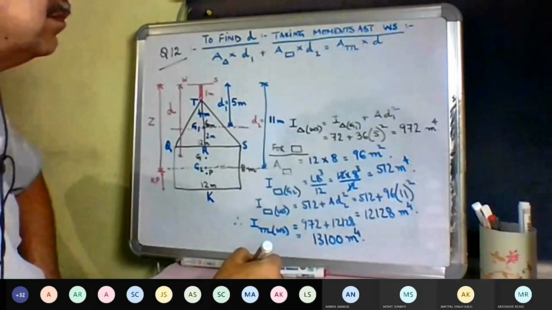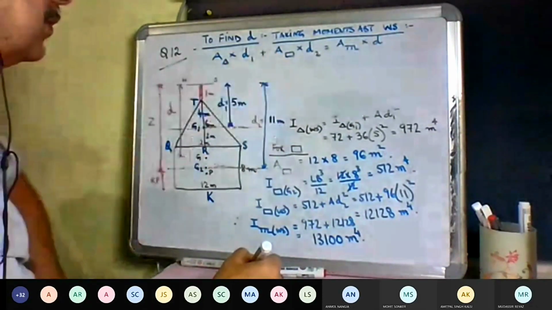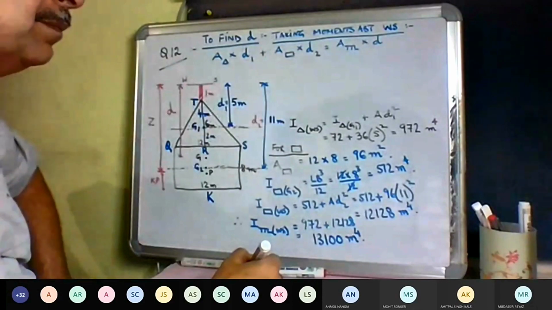That is D. This is my formula for taking moments. Is this okay with everybody?